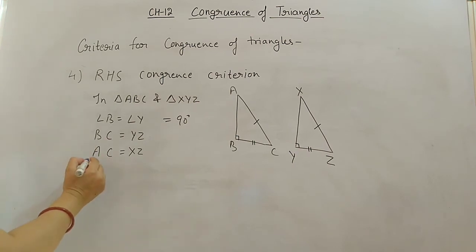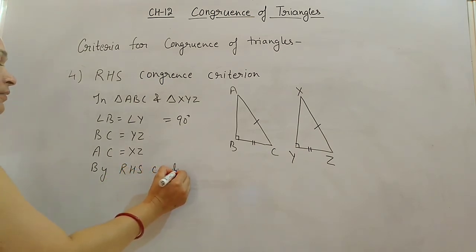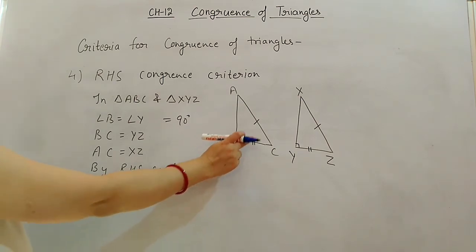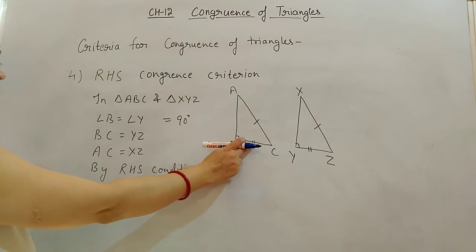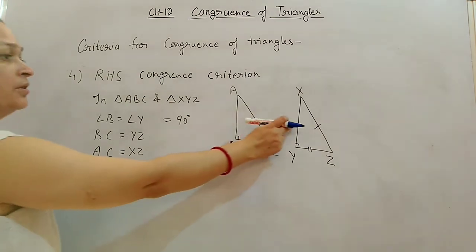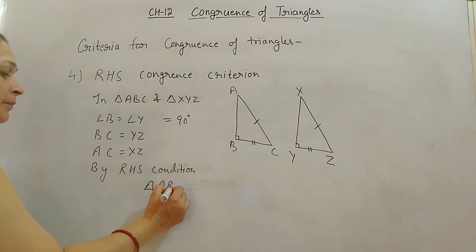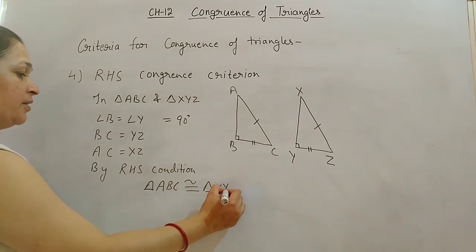So by RHS condition, we are comparing one right angle, one hypotenuse and one side. So this side may be this one, or this side to this side. Whatever is given, according to that we will compare. Triangle ABC is congruent to triangle XYZ.